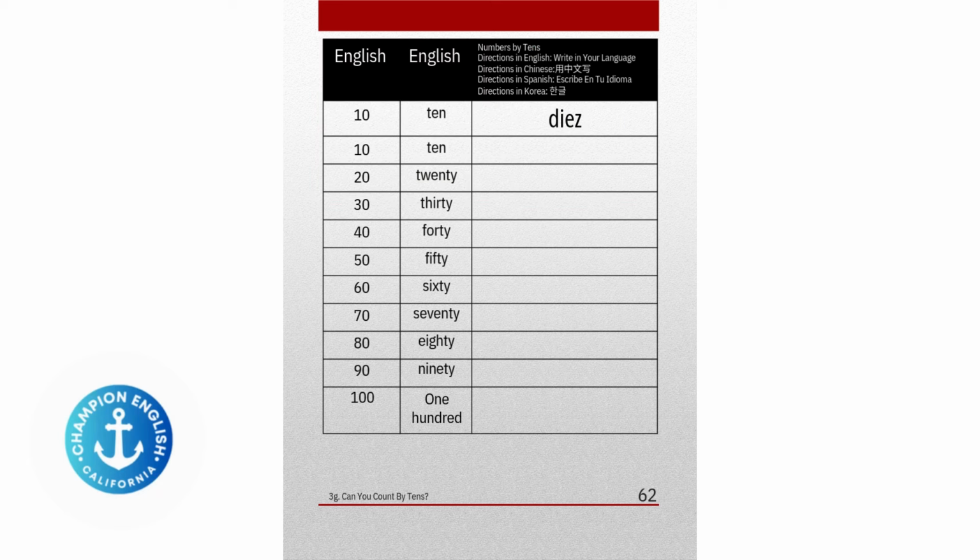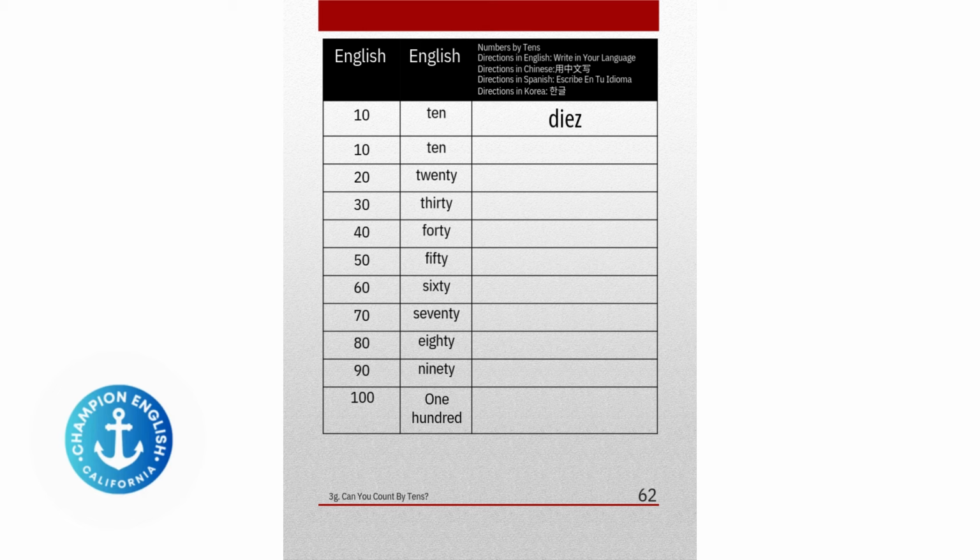Now, I want to make sure that you understand the value of each of the numbers. So you should go ahead and translate. Can everyone say translate? Translate. That's right. Say translate and translate each of the numbers into your own language. So if you speak German or French or Chinese or Japanese or Sinhalese or Khmer or Vietnamese or Korean, whatever language you speak, Spanish, go ahead and translate it into your own language.